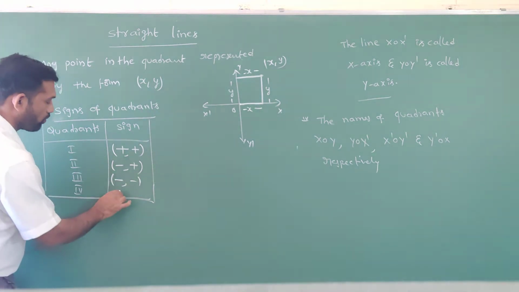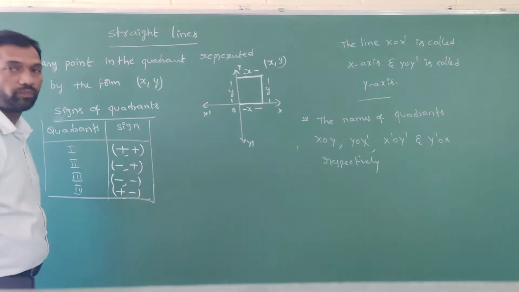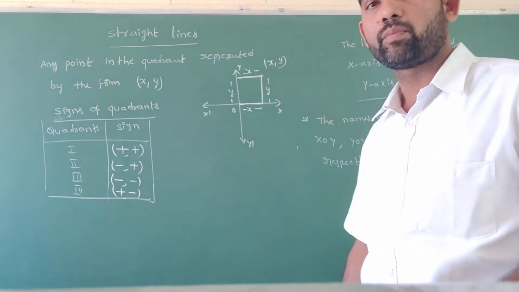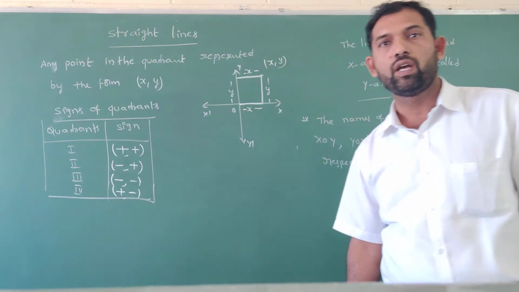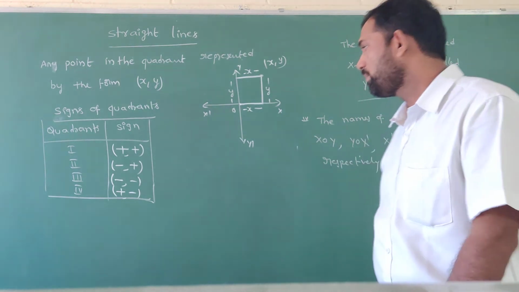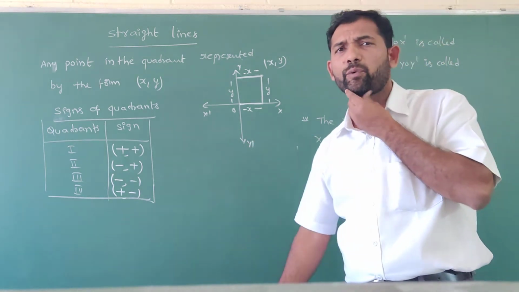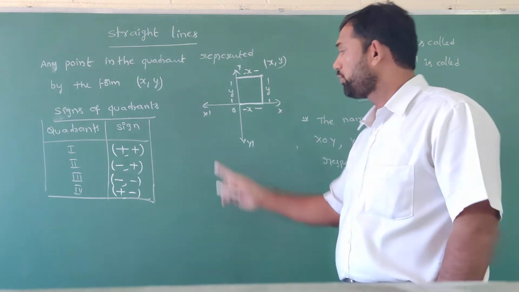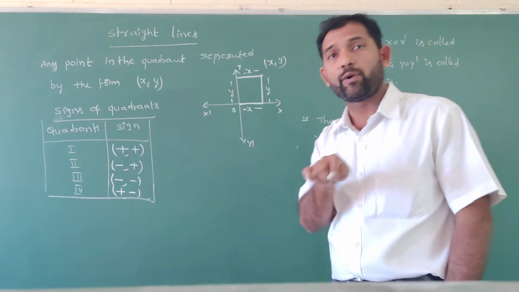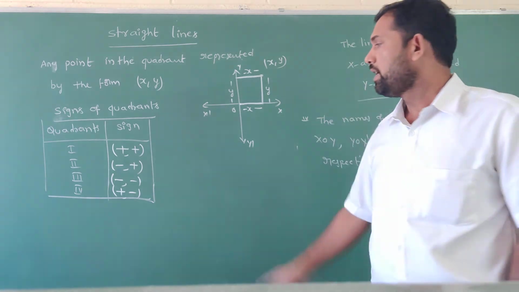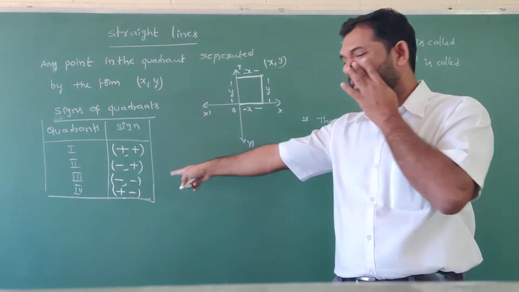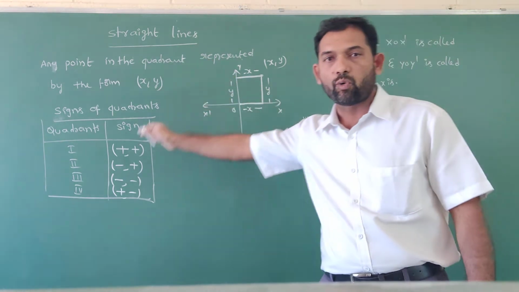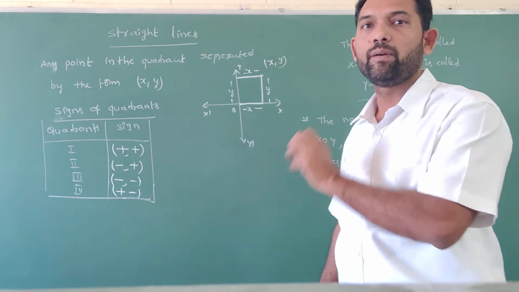In the fourth quadrant, x has a positive sign and y has a negative sign. This is the quadrant-wise signs of points.